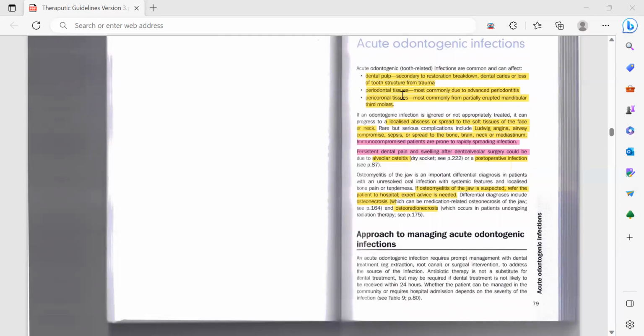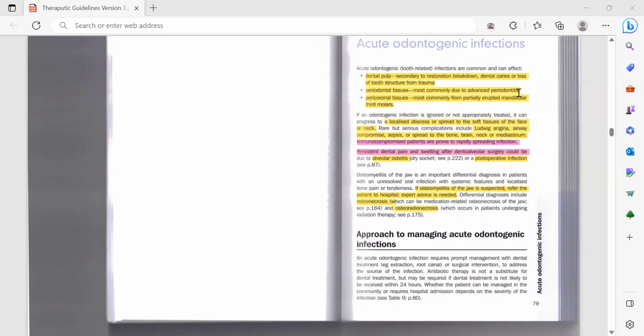The other way to cause odontogenic infection is through the periodontal tissues, and it is most commonly due to advanced periodontitis. As we studied in the last class, periodontal abscesses very rarely spread into the spaces, but if they do, you need to treat them as acute odontogenic infection.